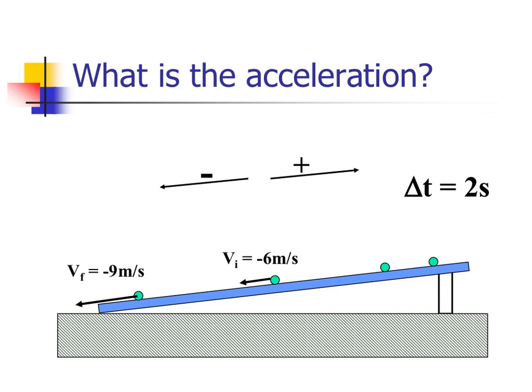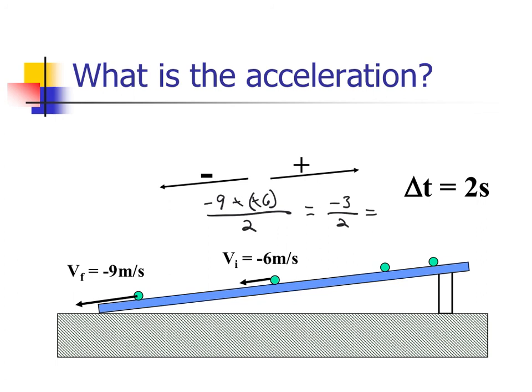So our final minus the initial for this case would be negative 9 plus 6, which would be a negative 3, divided by 2, which tells us that it has an acceleration of somewhere around 1.5 meters per second in the negative direction.